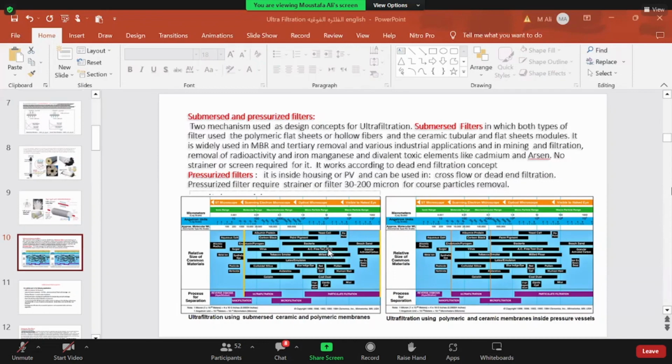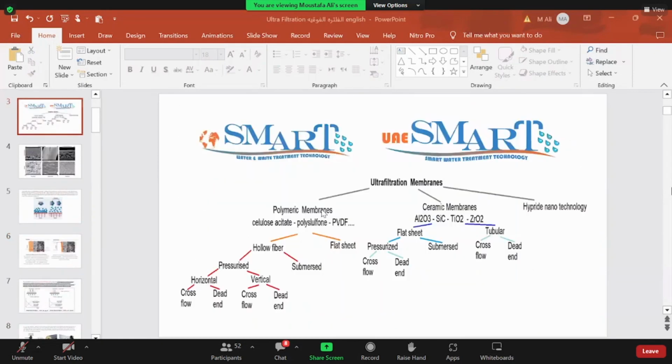We already discussed the classification of ultrafiltration membranes. We said that 3 types of material can be used. The first is the traditional polymeric membrane, consisting of cellulose acetate, polyvinylidene fluoride, polysulfone, even Teflon.